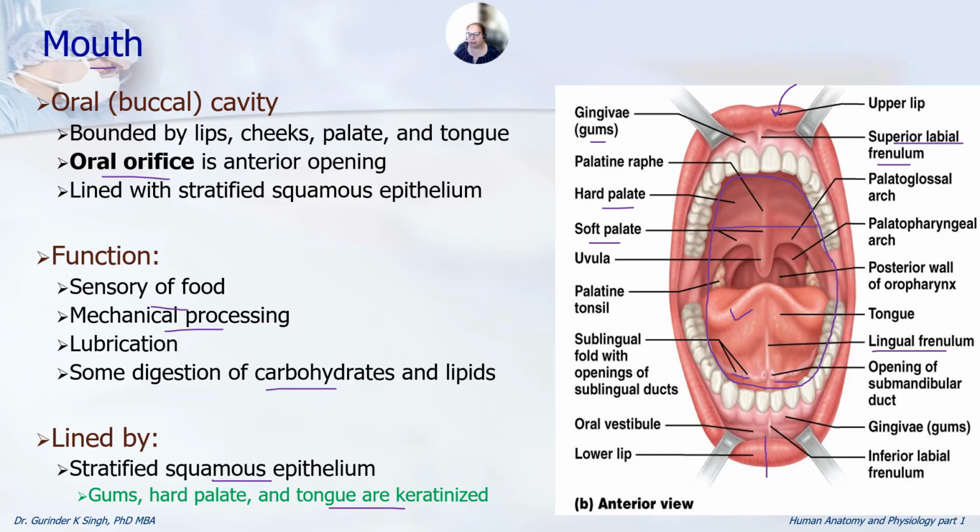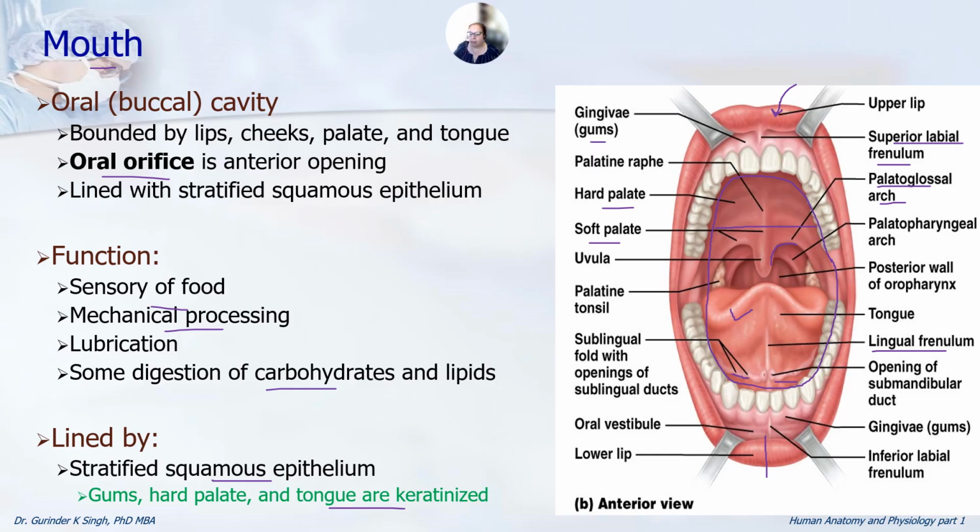In the buccal cavity, we see a couple of ridges too. The first ridge present is known as the palatoglossal arch. You can remember it by palate is there, and glossal is your tongue. So it's the first arch, the palatoglossal arch.